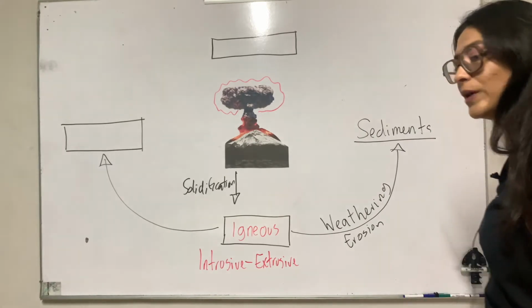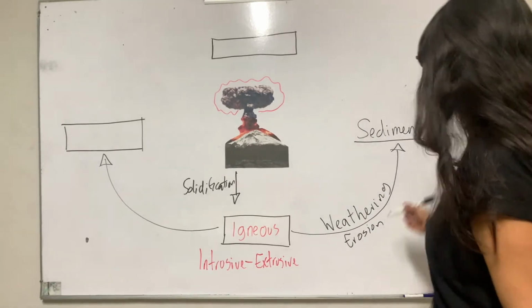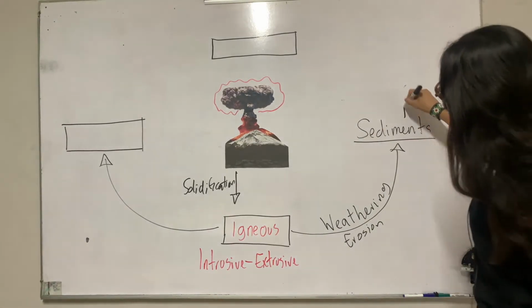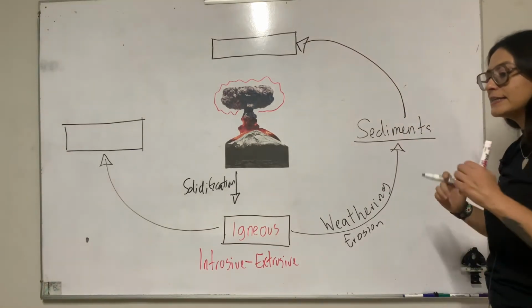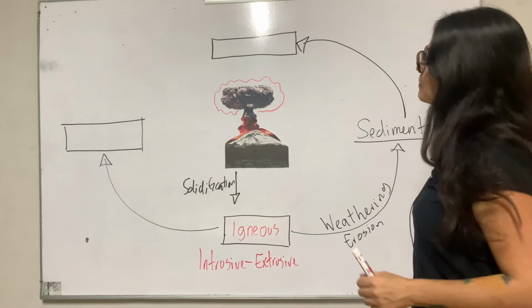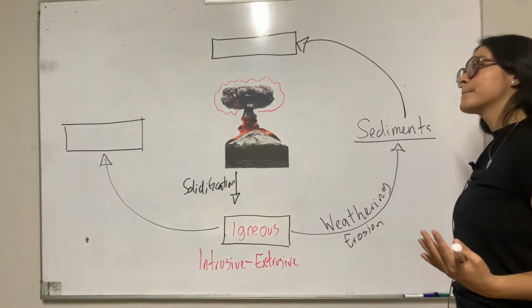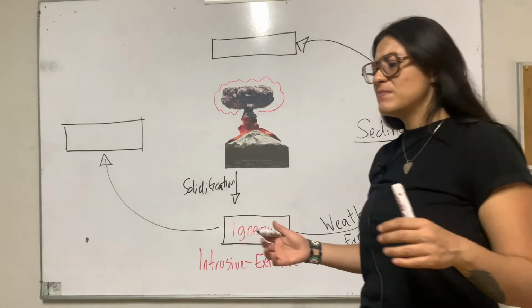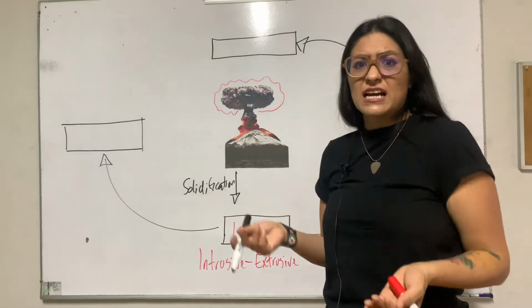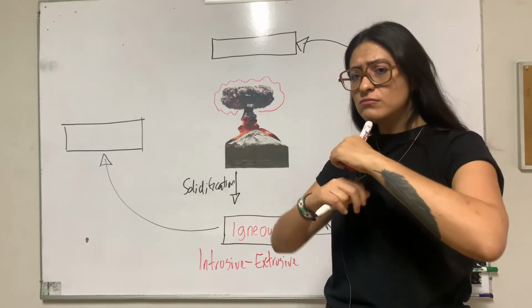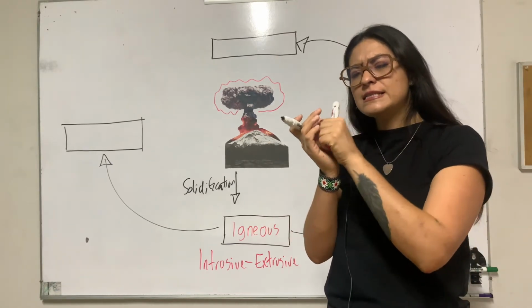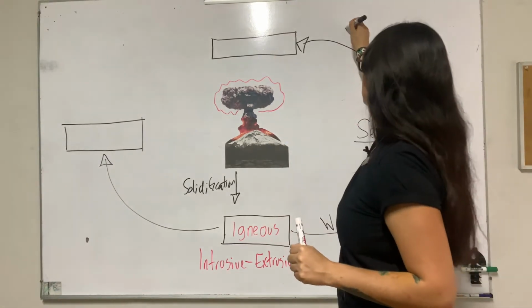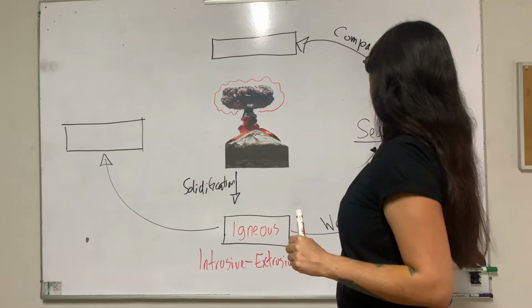But we haven't gotten to the other type of rock. What we need to form another type of rock is that these sediments, layers and layers of sediments, start getting tight. Maybe because of the elements, maybe tectonic activity is going to push down on some of those sediments, so they start getting compacted, and that process is called compaction.